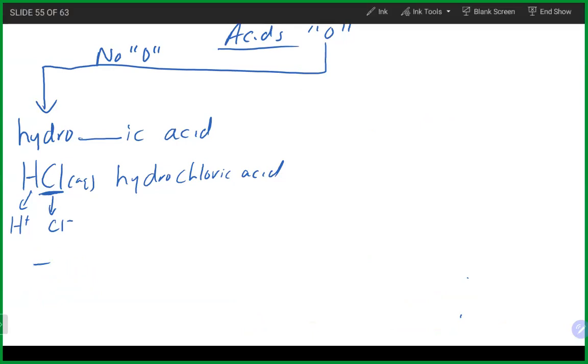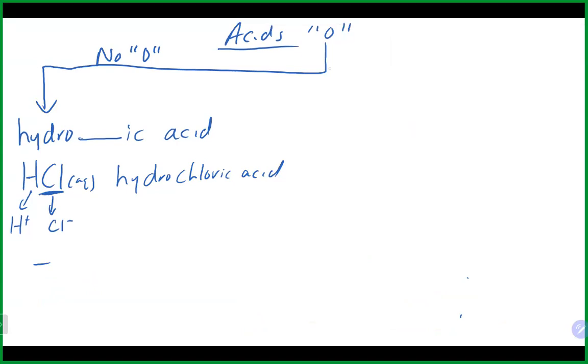So if we have an acid and the answer is yes, there is oxygen, it will contain your polyatomic ion in it. And as we saw, they pretty much end in ate or ite. These are also sometimes referred to as oxyacids because they contain oxygen.